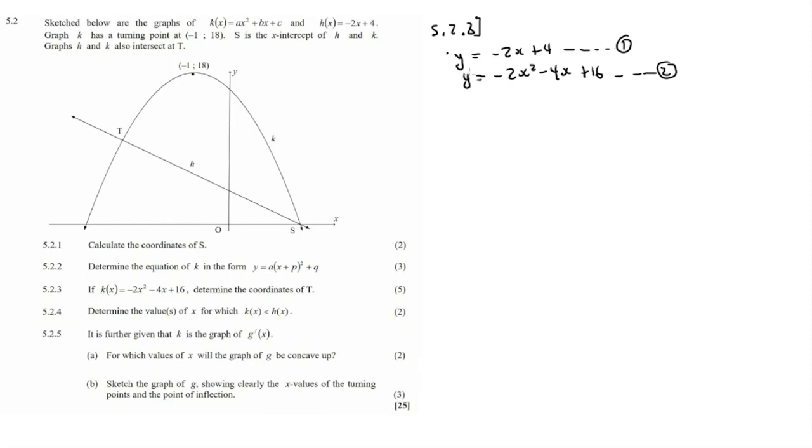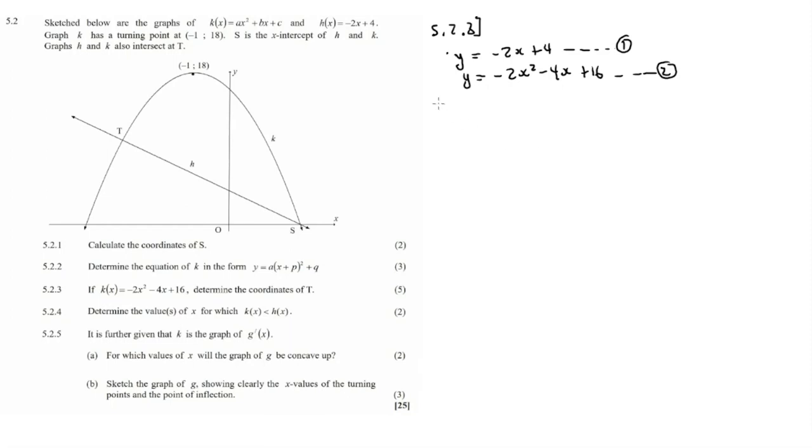So now these equations: y equals minus 2x plus 4, we remove the h(x) and put y here. Remember h(x) will represent y, the same goes for k(x), I replace it and put y, they both represent y, right? So the first equation, the straight line, is 1, and the parabola is equation number 2.